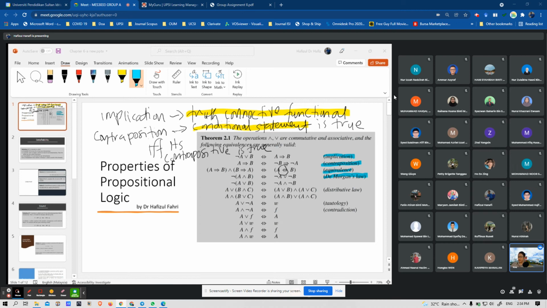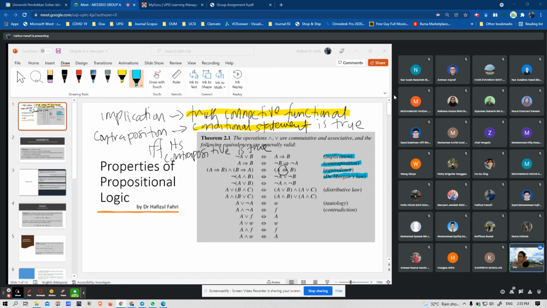As you can see, the distributive law is the law relating the operations of multiplication and addition, meaning that the monomial factor is distributed. For example, if we have A or B and C, we can distribute A into the operation of the outer bracket.